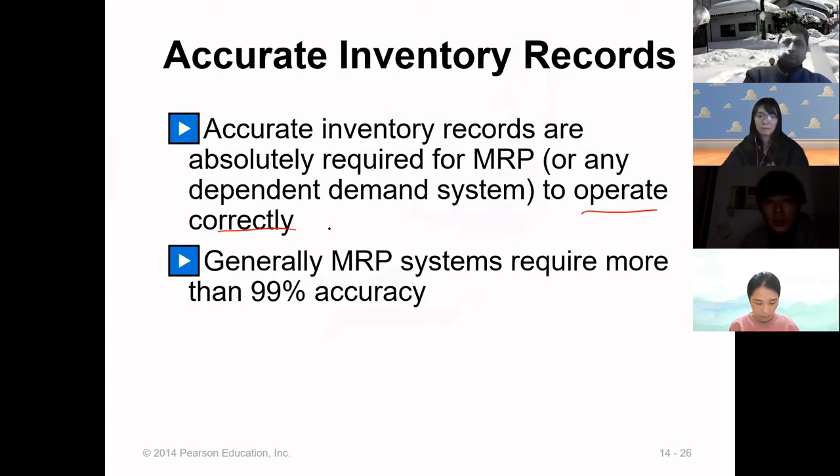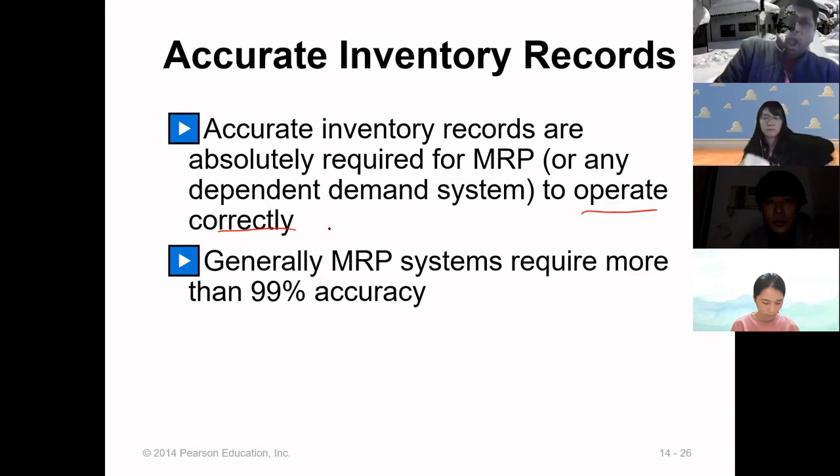Because it's software, and people will put in data and do the planning, and you print out the plan and give it to the production line. So if your inventory records are not updated, you do not include the inventory in hand, you're going to have false planning, or your planning is going to be inaccurate, right?